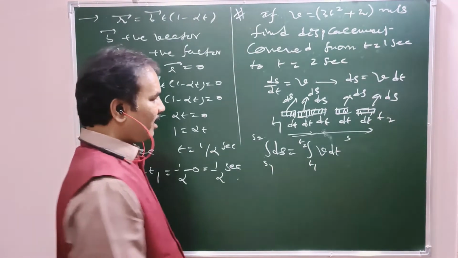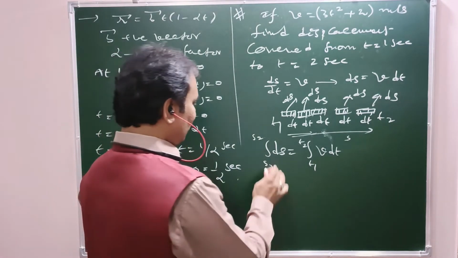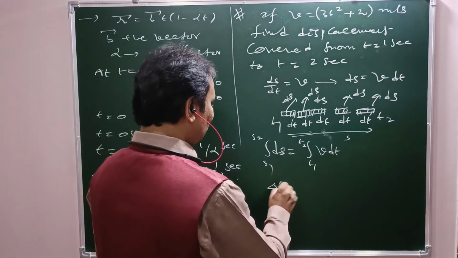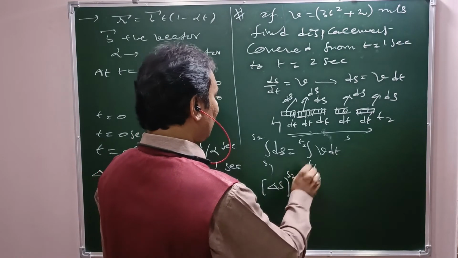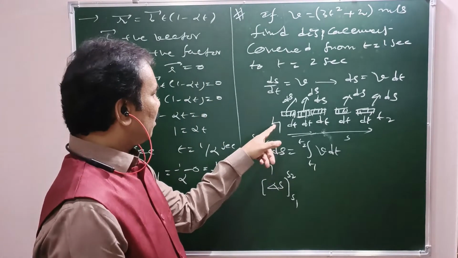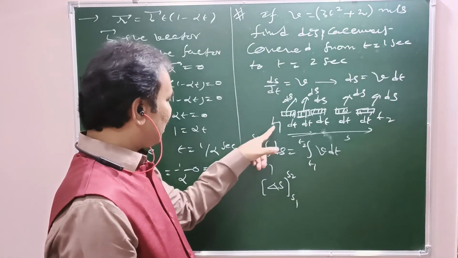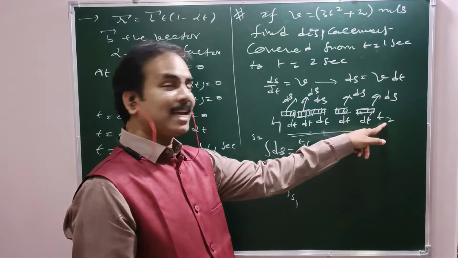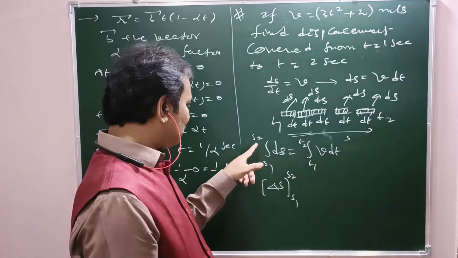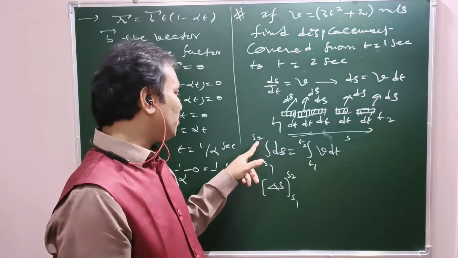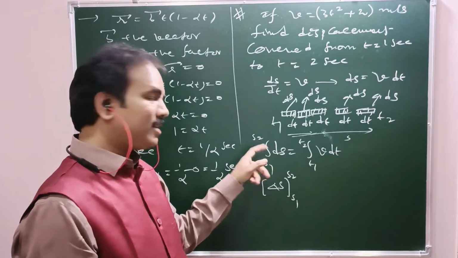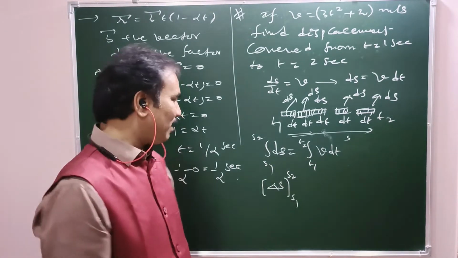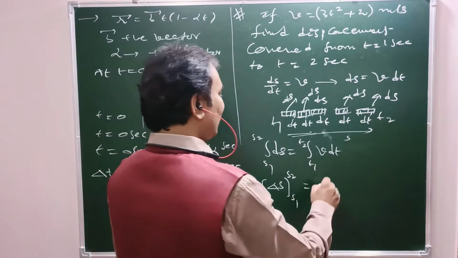That is integral ds means delta s, limits S1 to S2. Here, for time, t1 is the lower limit and t2 is the upper limit. In case of displacement, S1 is the lower limit and S2 is the upper limit. S1 is the displacement or position at t1, and S2 is the position at t2. Similarly, integral v dt.